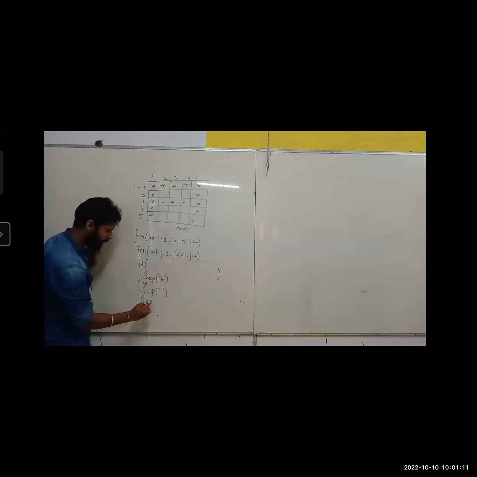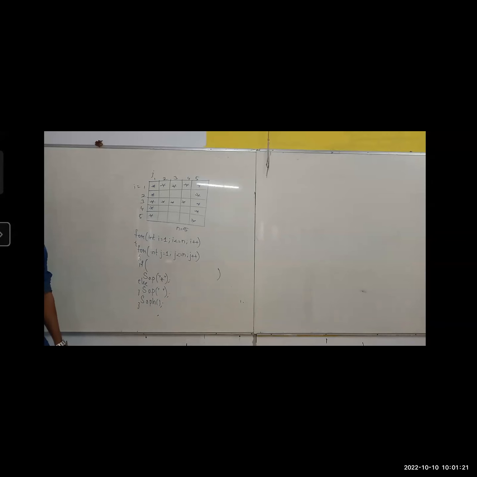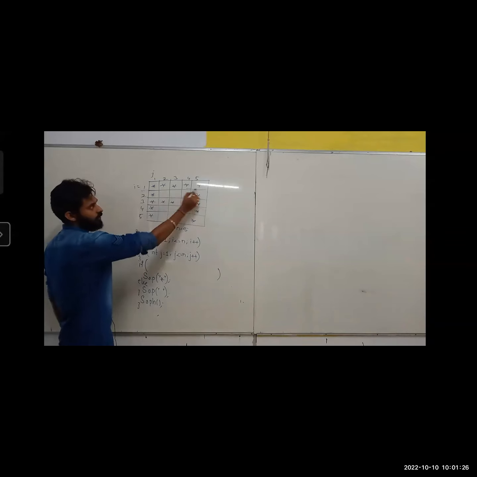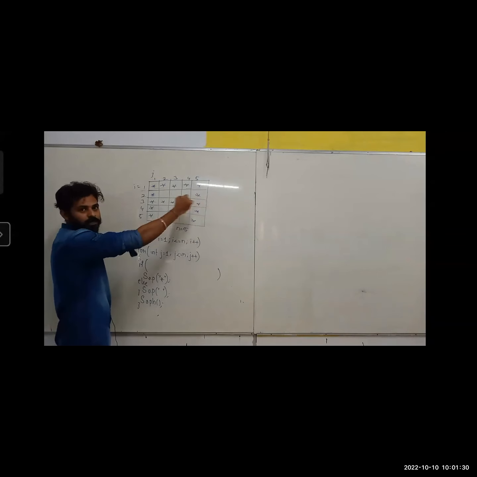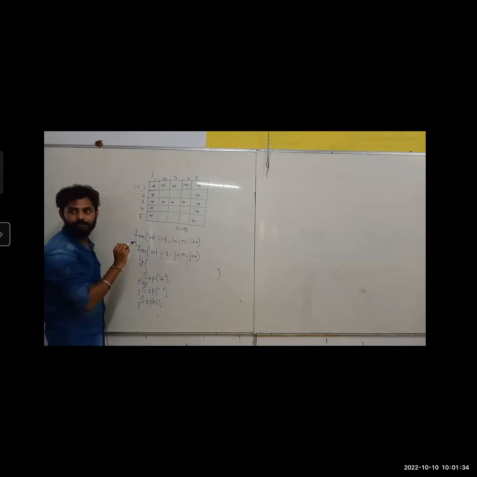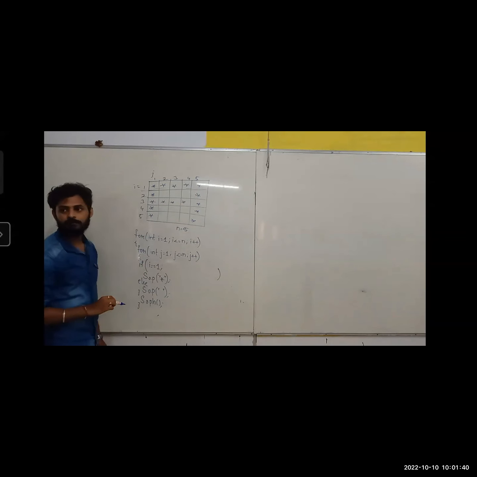75% of the program you have already agreed. What is that? Only the condition, if I got it. What is that? First, I should print stars whenever... like this, if I write horizontally, if I write one line, it means I am indicating about i. Yes or no? Whenever i value is equal to 1, you print all the stars.